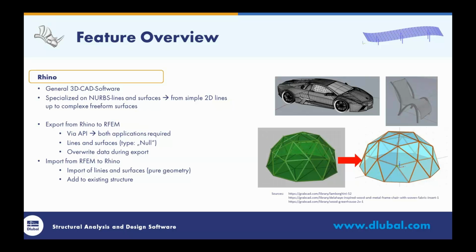For those of you who haven't heard about it before, Rhino is a general 3D CAD software. It's specialized on NURBS lines and NURBS surfaces. With these NURBS lines and surfaces, you can create anything from a simple 2D line up to complex freeform surfaces.